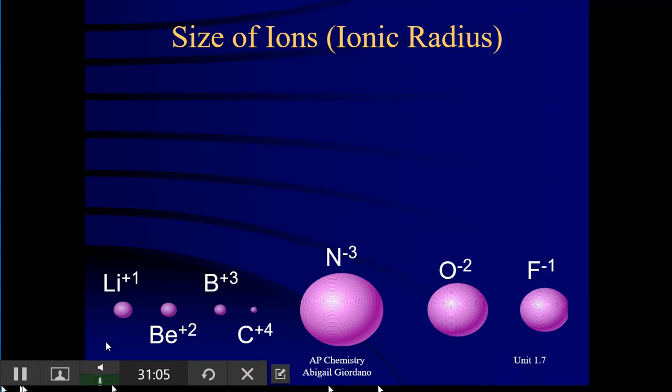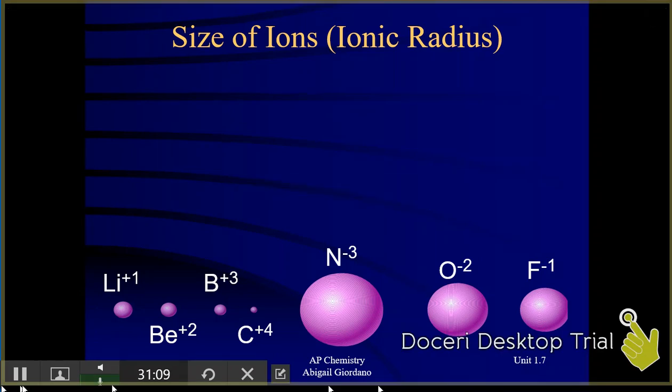Lithium that loses its 1 valence electron, how many energy levels does it have? Just 1. Beryllium that loses its 2 valence electrons, how many energy levels does it now have? Guess what? 1, 1, 1. Those first 4 ions all have just 1 energy level.